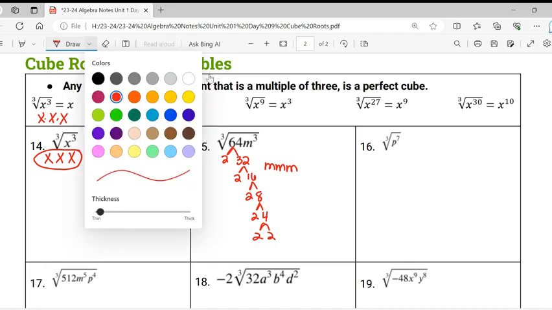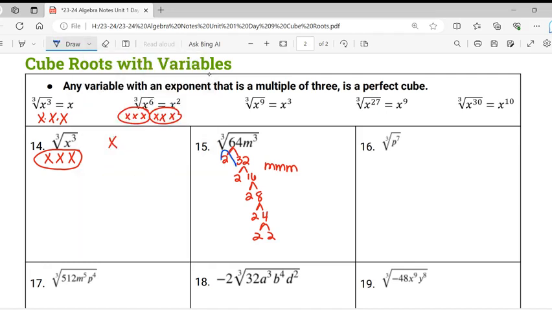So we're looking for triplets. So let's see, 1, 2, 3. Oh, and another triplet, and some more triplets. They're all perfect cubes. So these 2 triplets get set outside the radical, and our m will also be outside the radical. The final answer to this is 4m. No radical, just 4m.